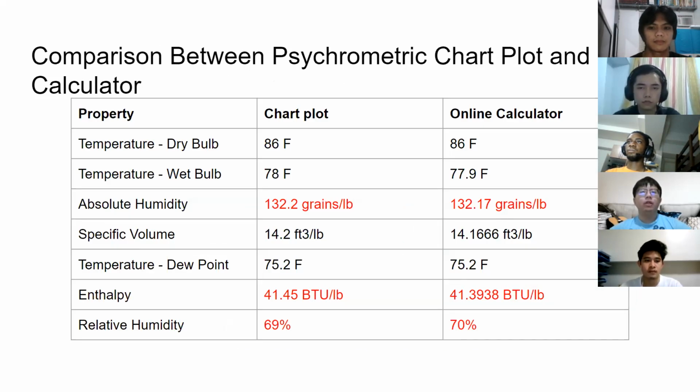From that, the only major difference is in enthalpy, where it is off by about a percent compared to the others. But again, this is only due to the lack of precision from the chart.